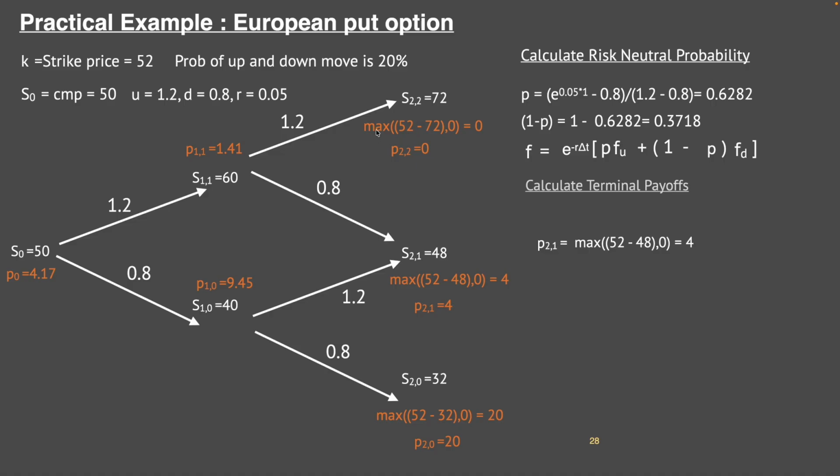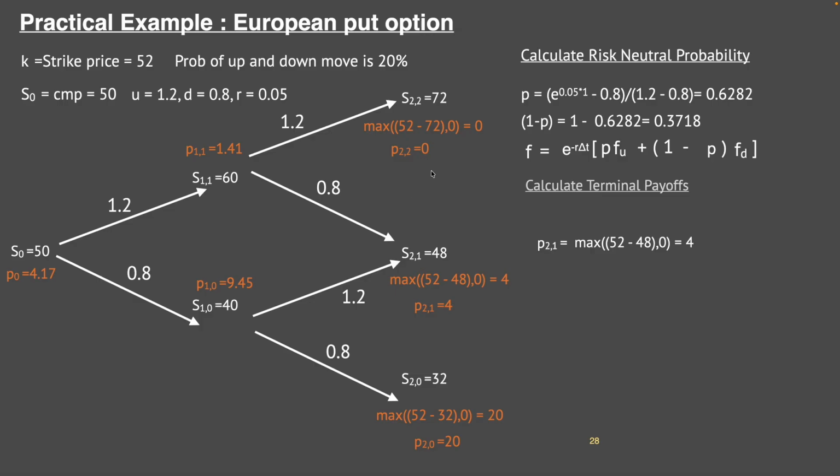Since we are in a put option, it will be the maximum of the strike price minus the value of the underlying at the end. Here it is S22. So max of 52 minus 72, comma 0. The maximum of these two will be 0 because 52 minus 72 is a negative value. So the value of the option at this node, F22 or you can take P22, will be equal to 0.